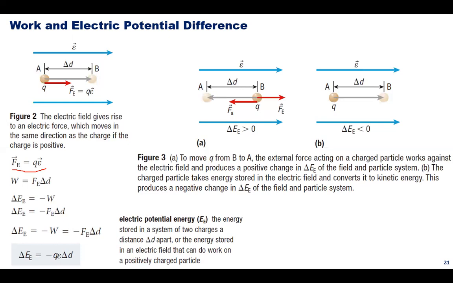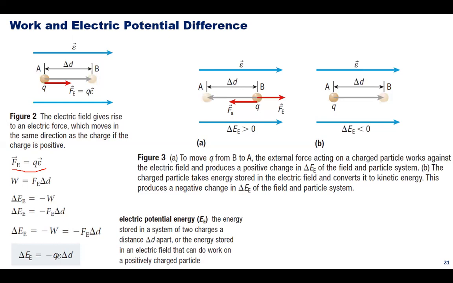From our studies of work and energy in the previous unit, we know that the change in potential energy associated with this type of force is equal to negative W, right? Where W is the work done by that force.